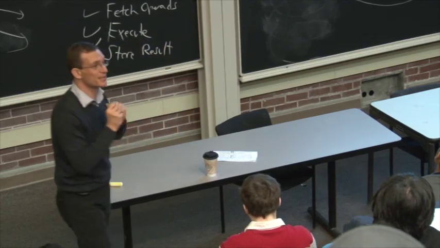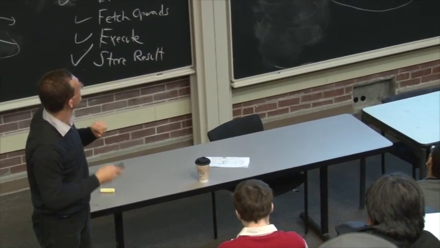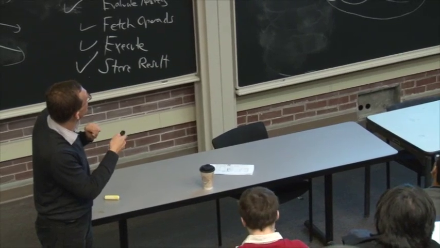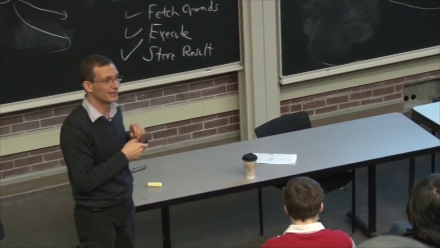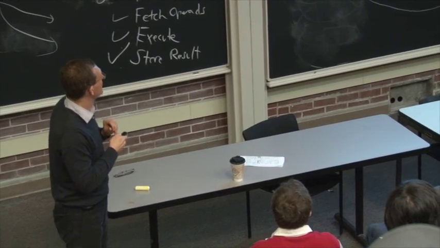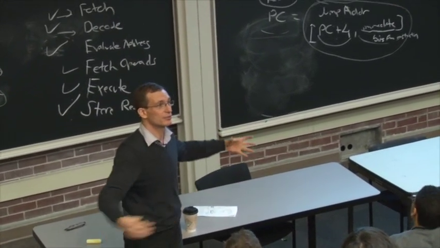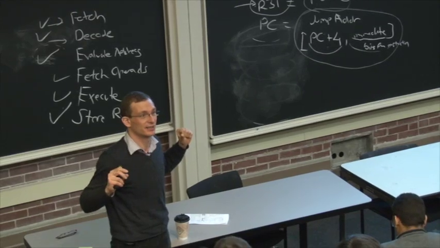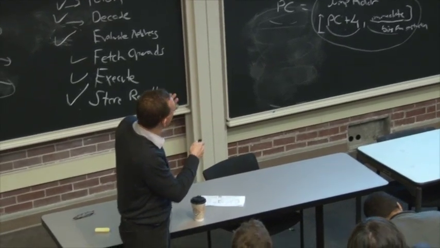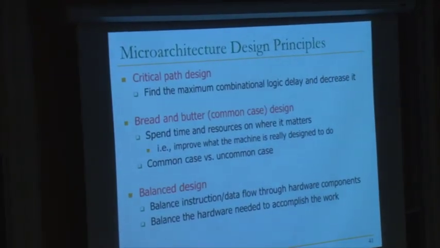And finally, the third principle, this is for designing a good microarchitecture, is a balanced design. What is that? Basically, balance the hardware needed to accomplish the work. You don't want too much hardware in your system. Also, this actually can mean multiple things, but also balance the instruction and data flow through the hardware components.